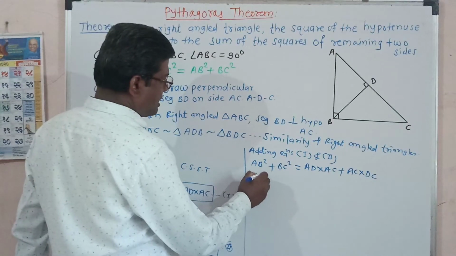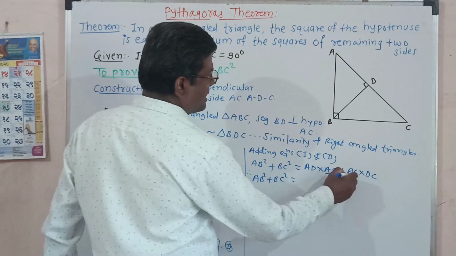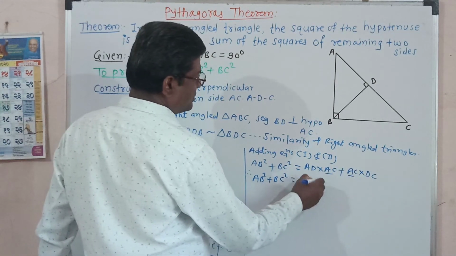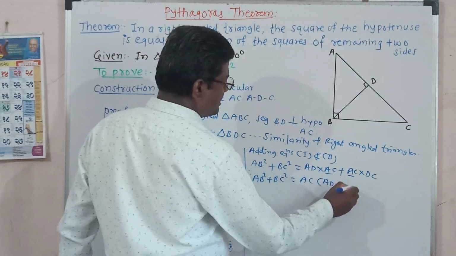Therefore, AB square plus BC square is equal to, taking AC common, AC in bracket AD plus DC.